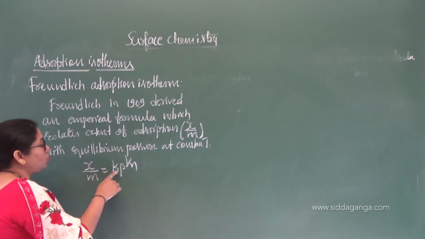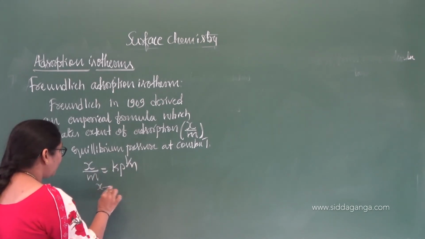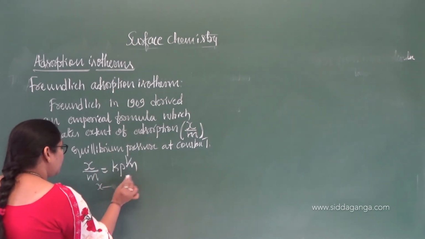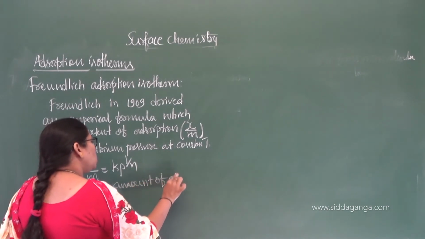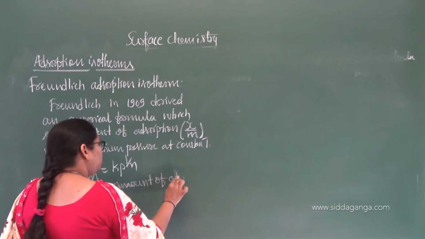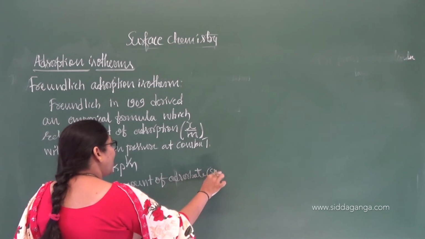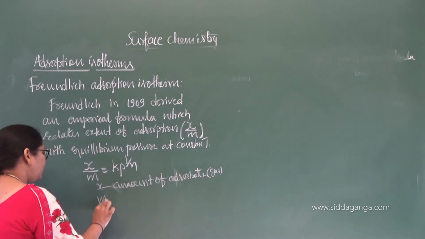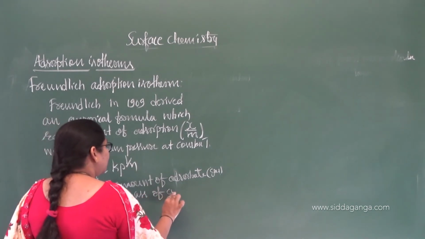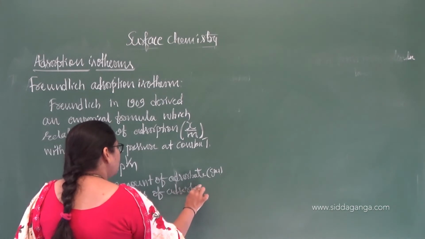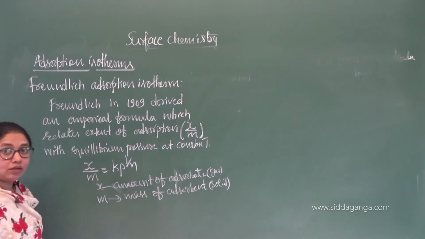What is x here? x is the mass or amount of adsorbate, which is nothing but the gas, for example. What is m? It is the mass of adsorbent, that is usually the solid.